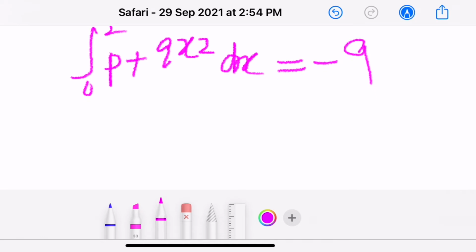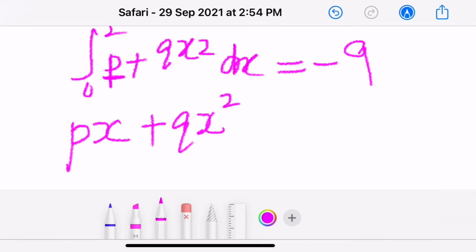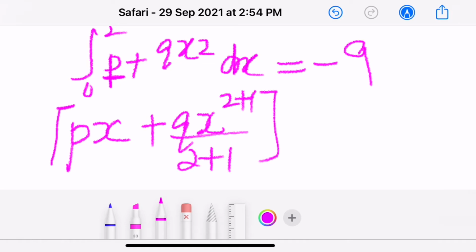First of all, you need to convert the integration value from the area given, because the area is below the x-axis. Now if I integrate p, which is a constant, for example integrate 3, you get 3x. So you integrate p, you get px. This one you raise the power 2 plus 1 over 2 plus 1. Got it? Then substitute the limit 0 to 2, equal to negative 9.